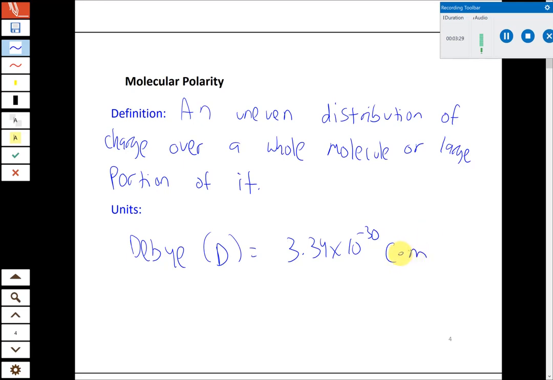So molecules are very small and the absolute value of their charge is very small. So debye, which is sort of the unit of polarity for a single molecule, is a very small number. C here being coulombs, which is the standard unit for charge. But like I said, we're not going to be really doing anything with measuring polarity, but that would be the units that are used to describe it if you wanted to start talking about it quantitatively.